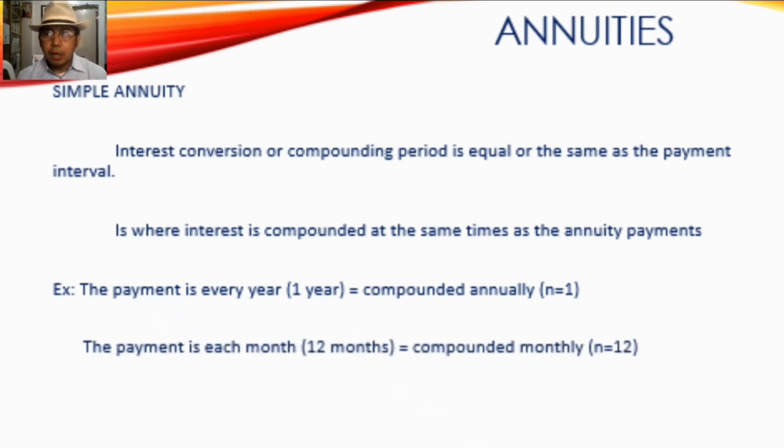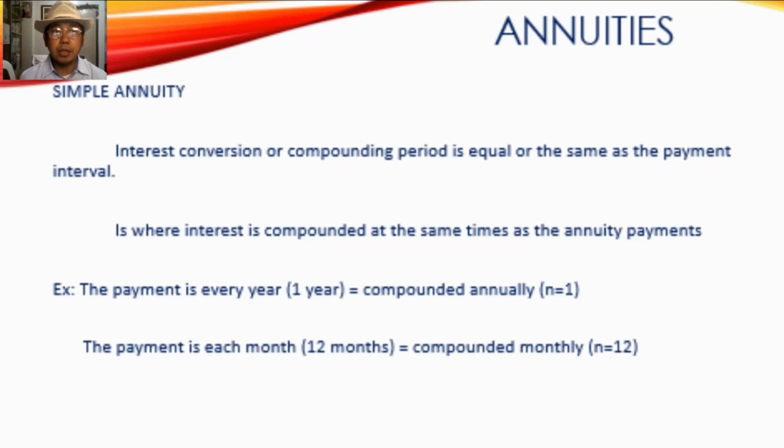Another one, we have in here payment is each month, and of course the conversion period is monthly. To explain this example, how many times will you be paying in a year? 12 times. Why?